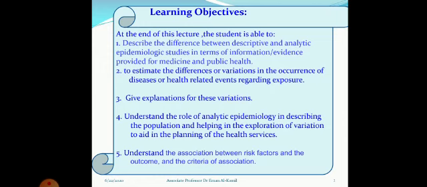Understand the role of analytic epidemiology in describing the population and helping the exploration of various variation to aid the planning of the health services. And lastly, he will understand the association between risk factors and outcome or disease and the criteria of association.